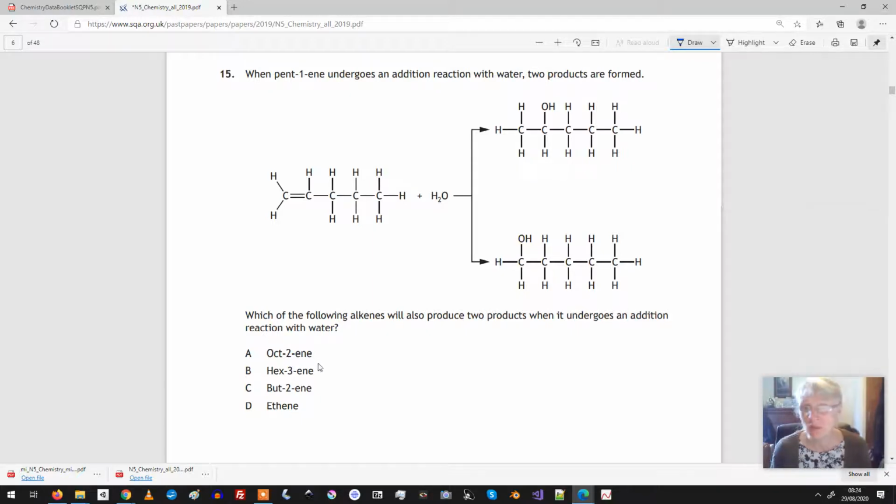But this first one, oct-2-ene, that's not symmetrical. Let me show you what I mean. So oct stands for 8, so there are 8 carbons. 1, 2, 3, 4, 5, 6, 7, 8. And on the second carbon we have a double bond.